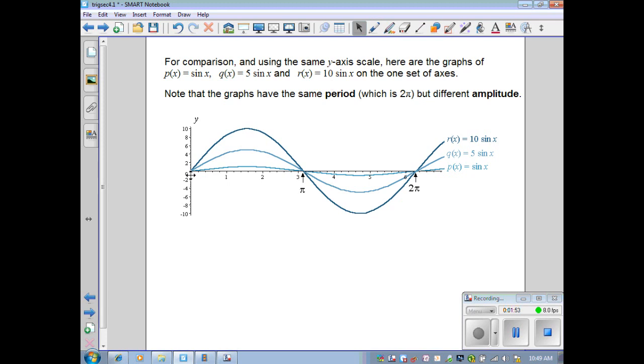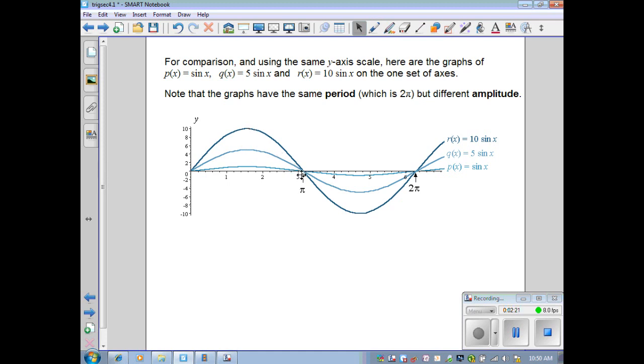If I take a look at these 3 functions, I recall that I start at 0, and as I go through the period, I end with 0. As in all these functions, what I start with is what I end with before I start repeating my function, or in other words, the period ends. So the 3 functions hit the quadrant angles at heights of 1, 5, and 10.